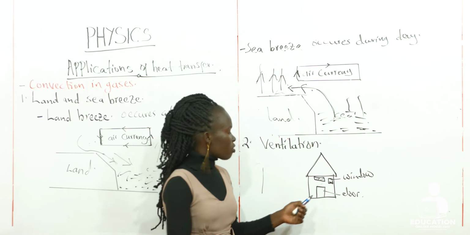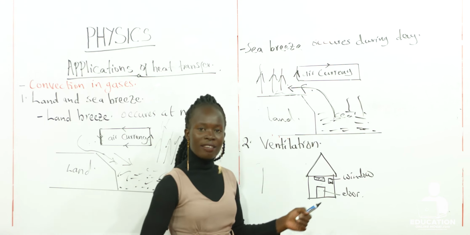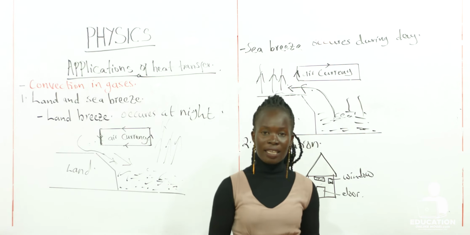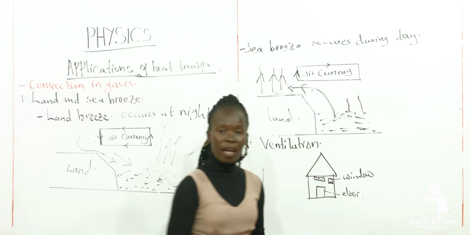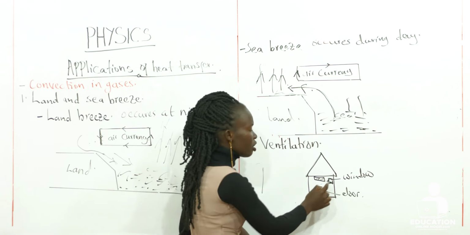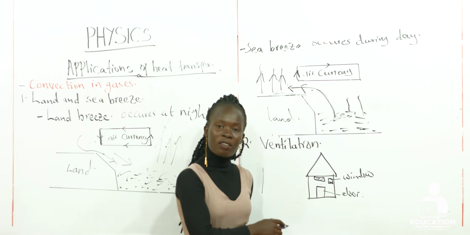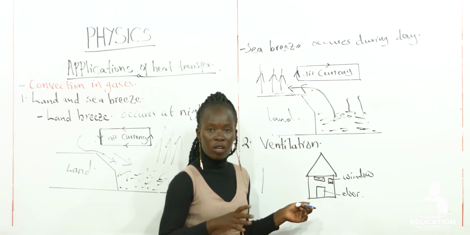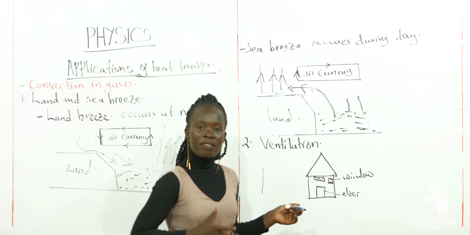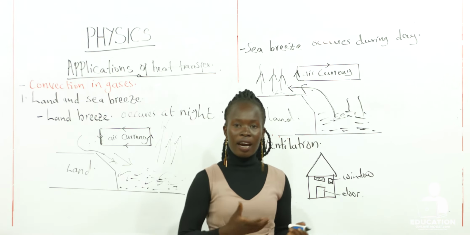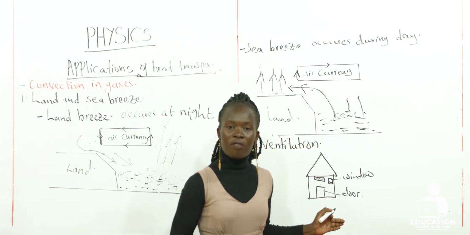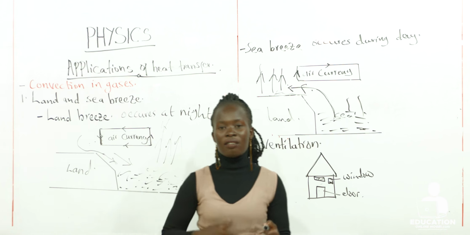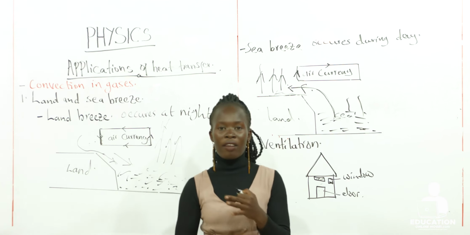This is because when the air inside there is now hot, when the air is heated during the day like this, we shall need to replace the air, because as the air inside is hot and the space inside is actually warm, what happens is that there will be increase in the kinetic energy of the molecules of the gases inside the house. So when it is increased like that, there will be random motion.